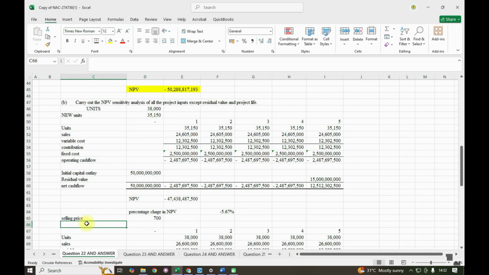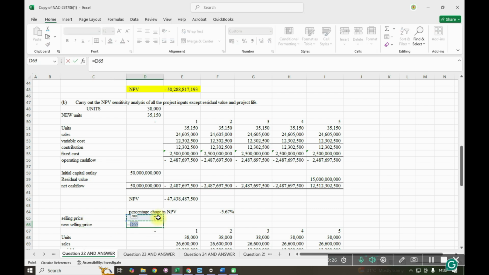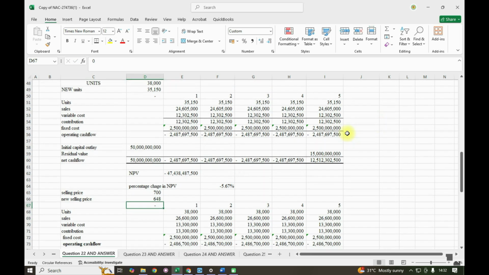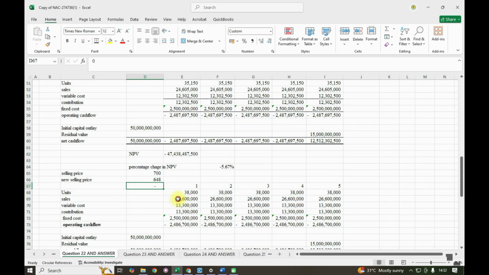So the new selling price. Remember, selling price is a revenue. It will have to reduce by 7.5%. So we shall have a selling price of 648. Meaning that what will change now is this.